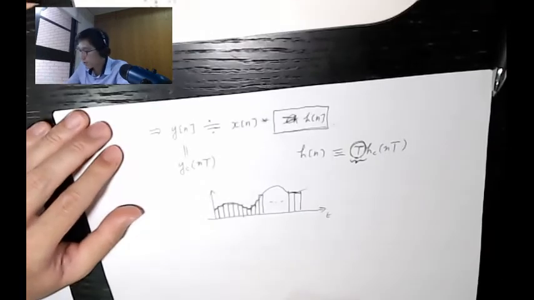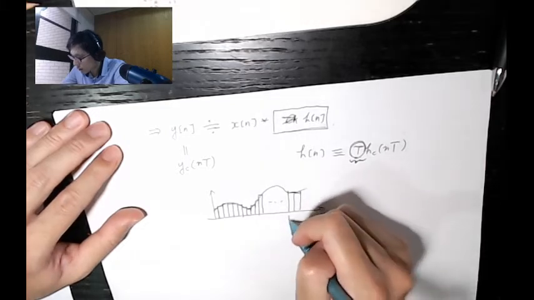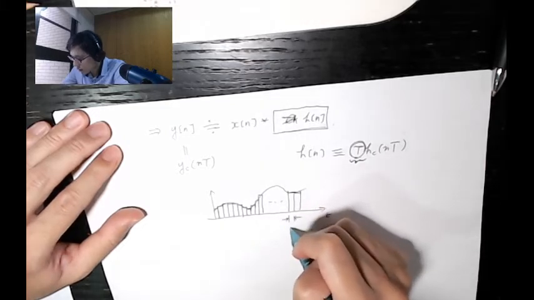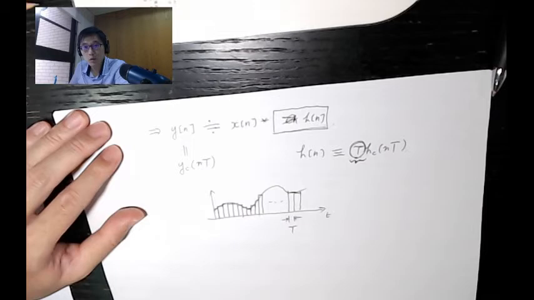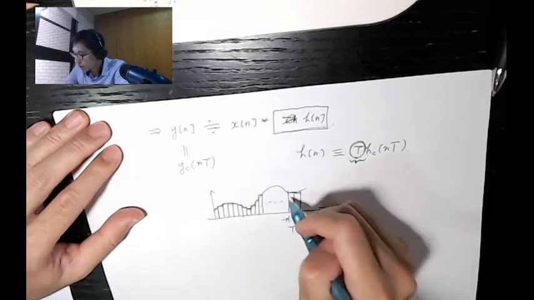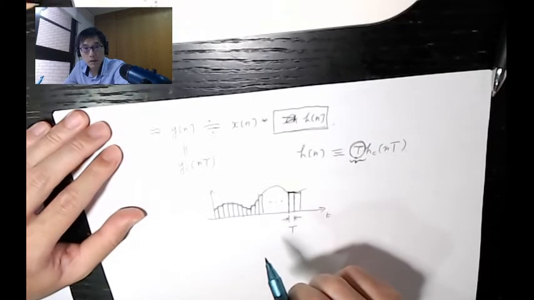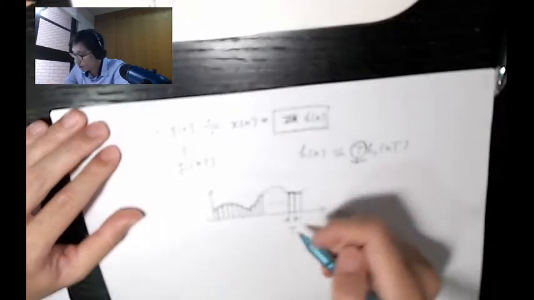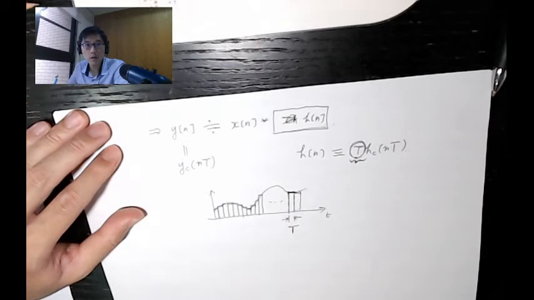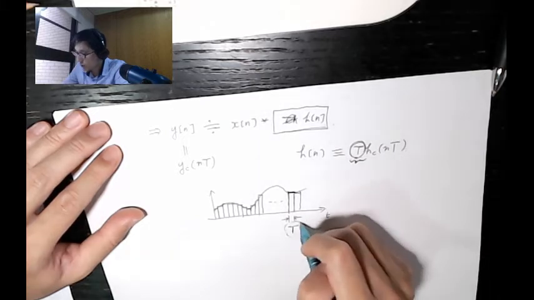Since this is time domain, in our previous notation, the width of the stripe is our big T here. So that factor of T really comes from here.